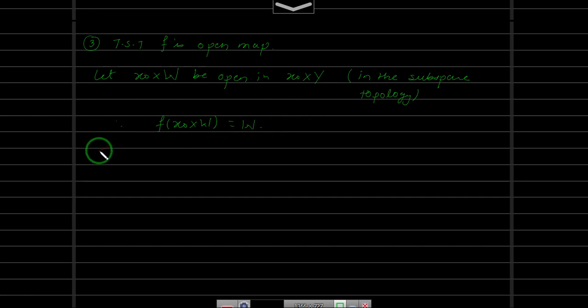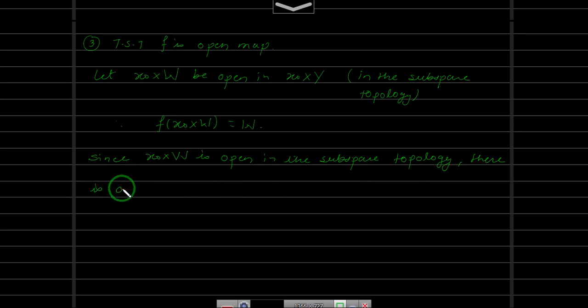Okay, so let us write one or two statements before that. Since this x naught cross W is open in the subspace topology, we will use this if required, otherwise we can cancel this.